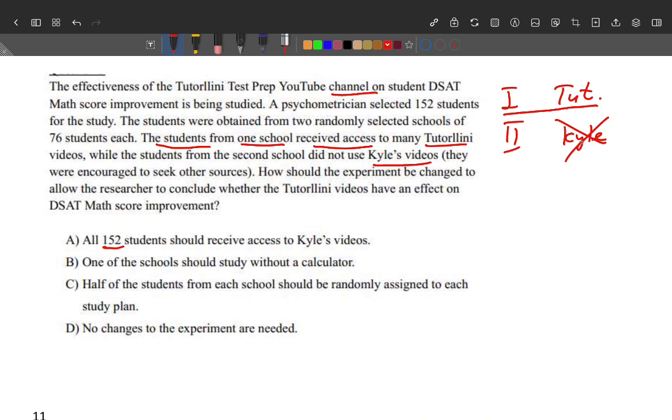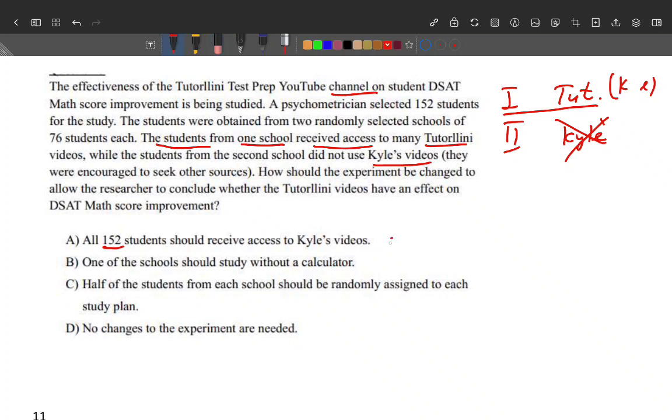If we restricted Kylie from here, it means they can still use Kylie's videos. Because of this, for equality, for removing the effects of Kylie's videos, we have two ways. We should restrict for all of them, or we should allow for two of them, giving access to the first one and to the second one. Another way is we should restrict it from two of them.